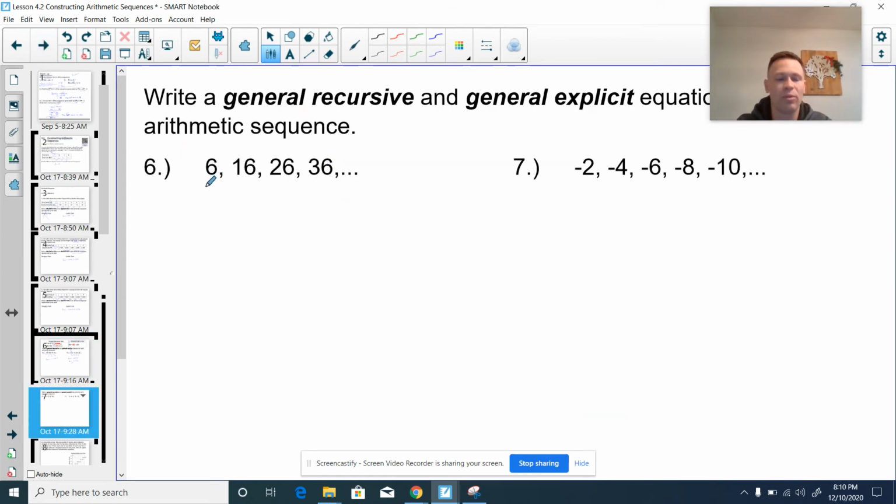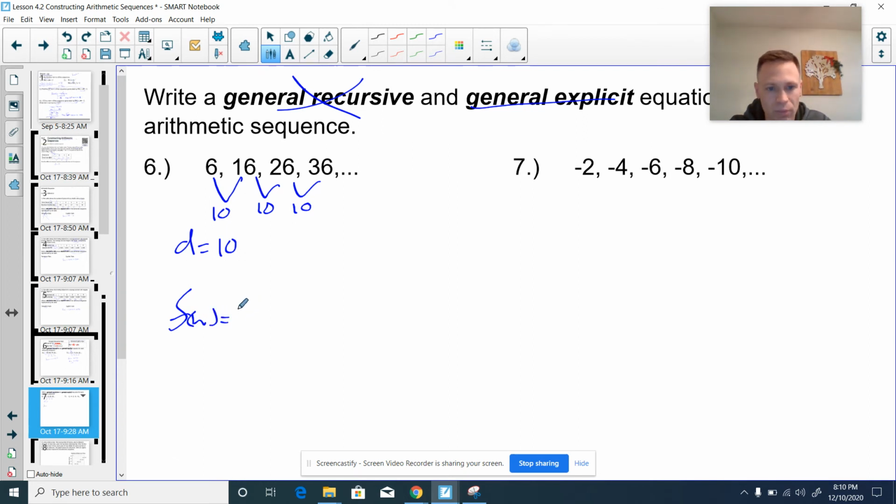I'm just going to whip through these. Common difference here, going up by 10, going up by 10, going up by 10. So d is equal to 10. Now I can write my, I'm sorry, we're going to write the explicit rule. We're not doing the recursive rule. And f of n is then equal to the first term. I have to go back in time now, right?